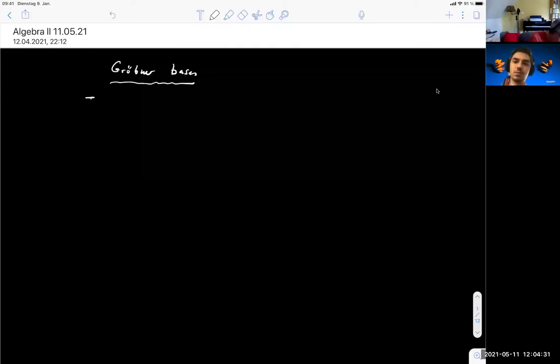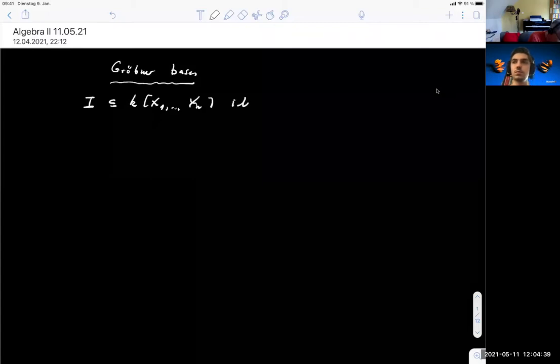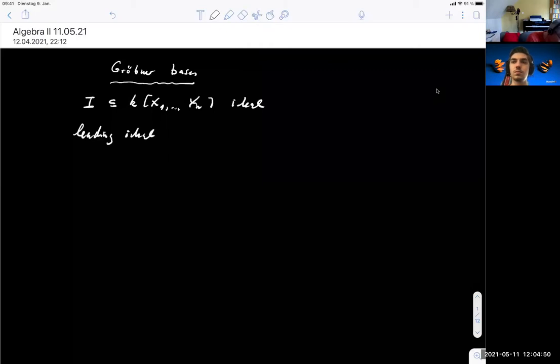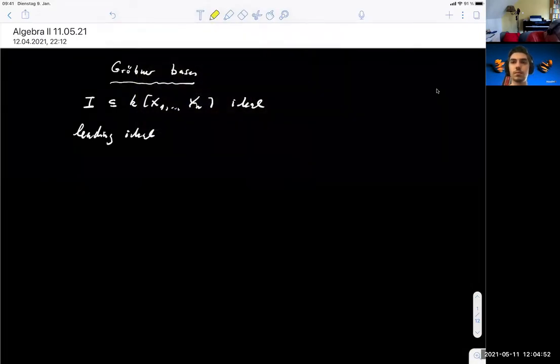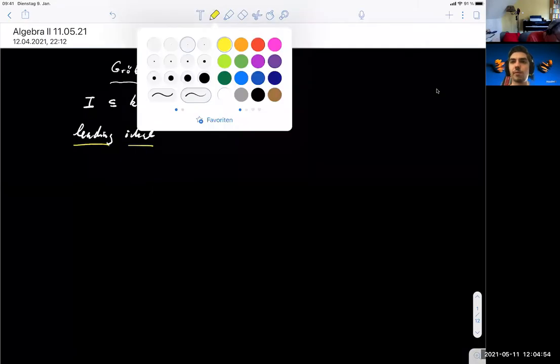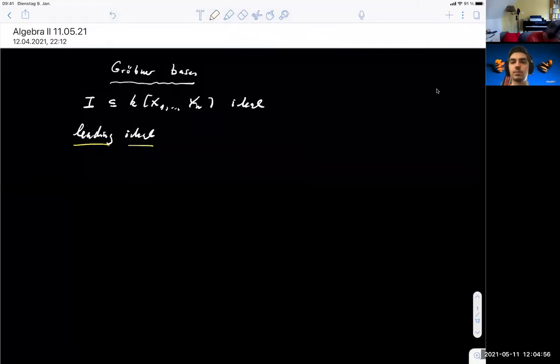So I assume I have an ideal in my polynomial ring over a field. Then we had this concept of the leading ideal. Sometimes people call it initial ideal. So it has several names. I call it leading ideal, Leitideal in German. And it's the following.